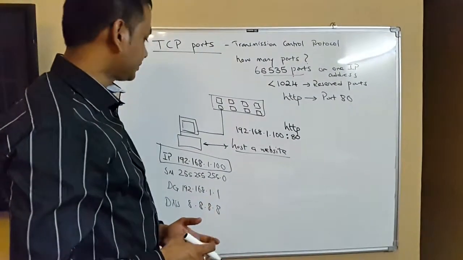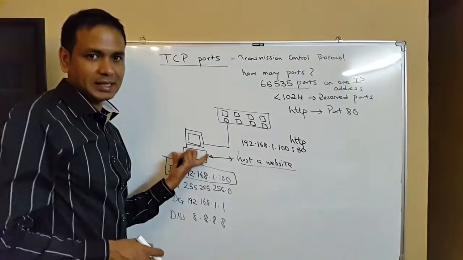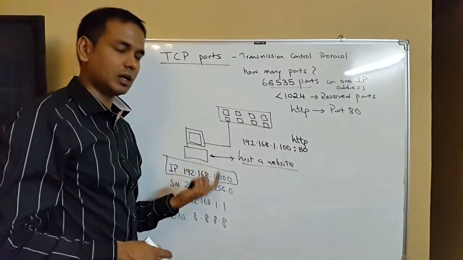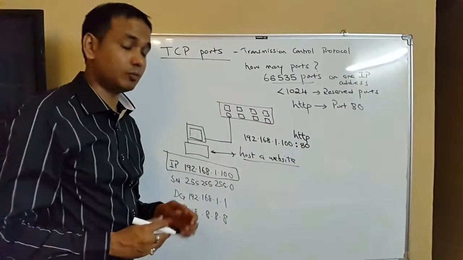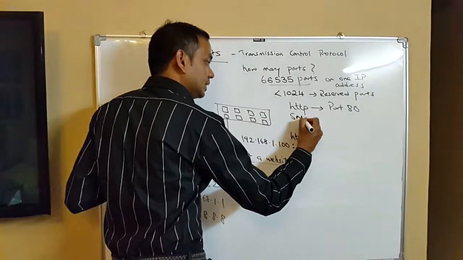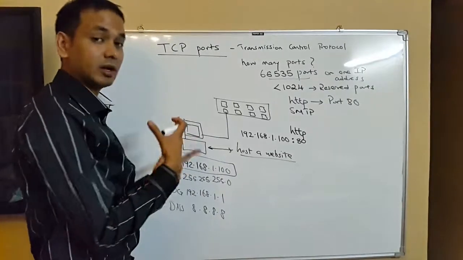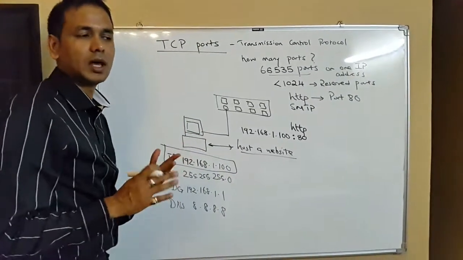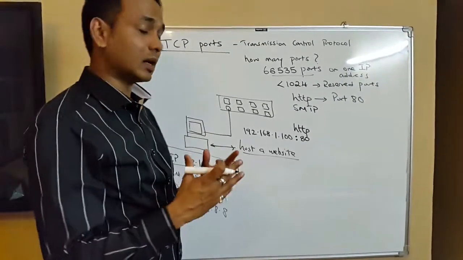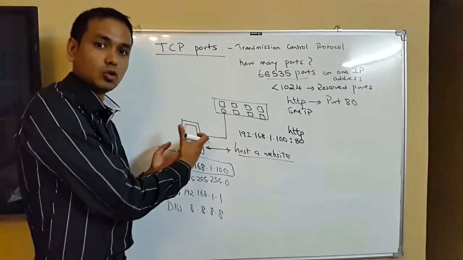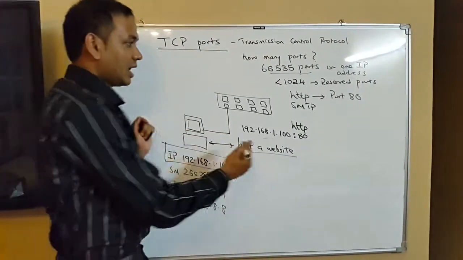For example, this PC is an email server. If you have heard of the SMTP protocol, on that PC, as soon as I configure it as an email server, not client, I'm not talking about Outlook, I'm talking about, for example, this is my Google mail server.